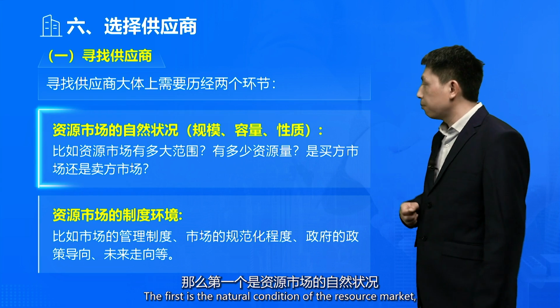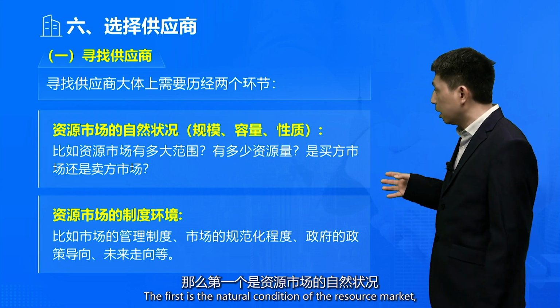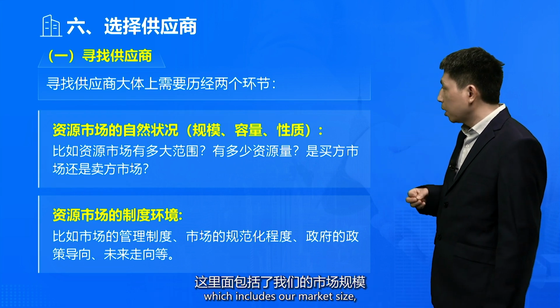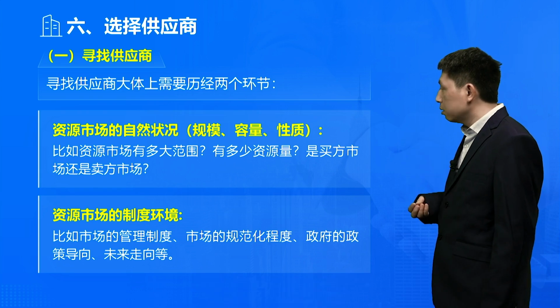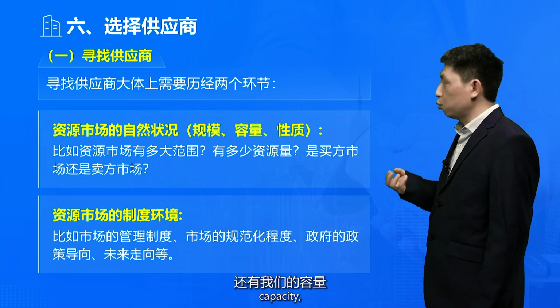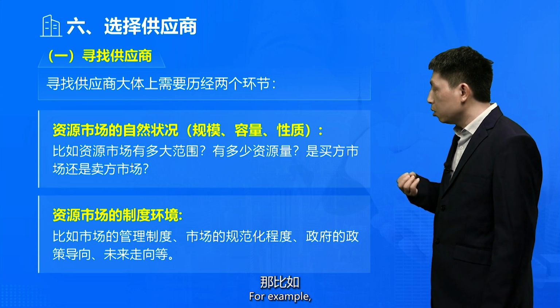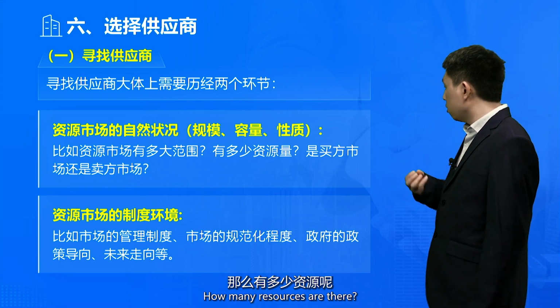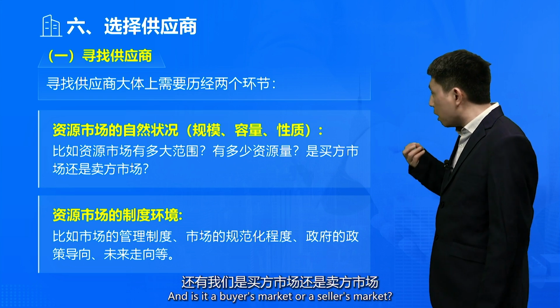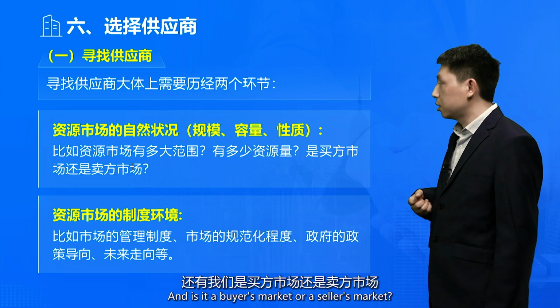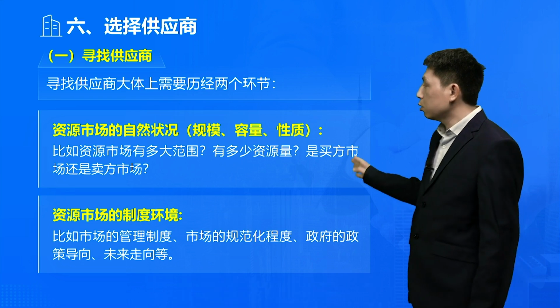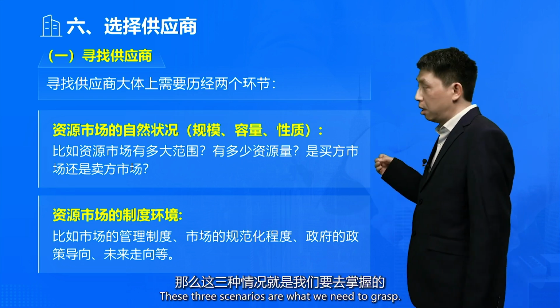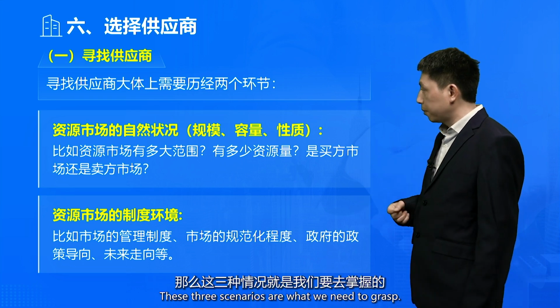The first is the natural condition of the resource market, which includes our market size, capacity, and nature. For example, how extensive is our resource market? How many resources are there? And is it a buyer's market or a seller's market? These three scenarios are what we need to grasp.